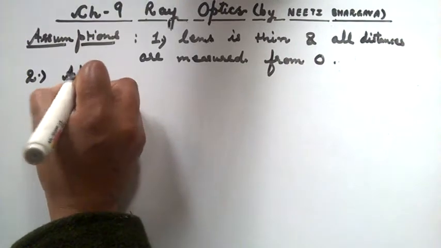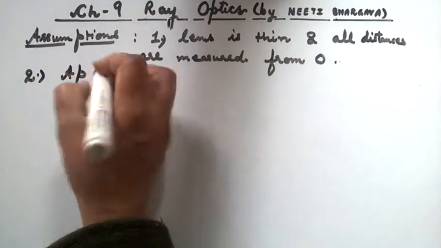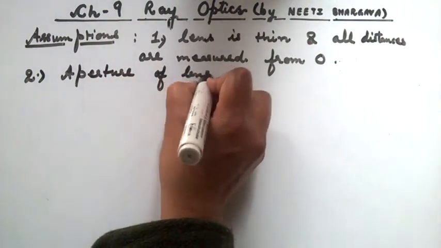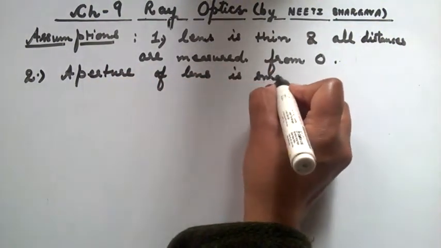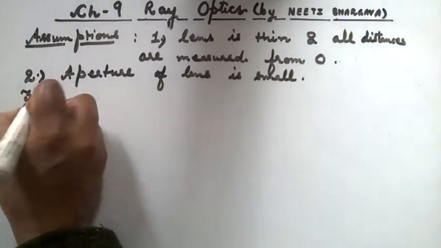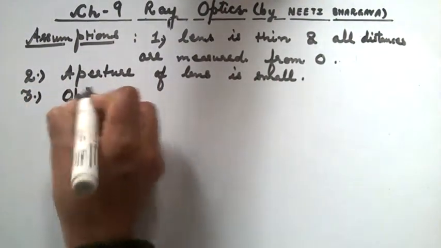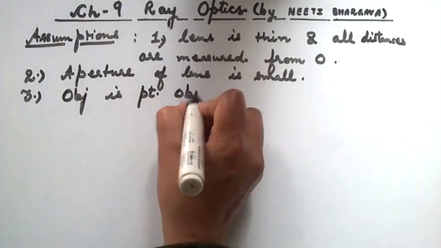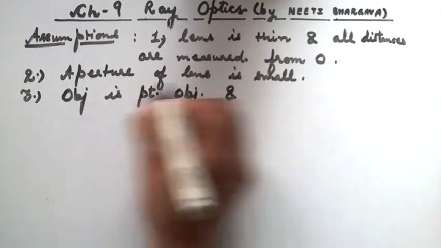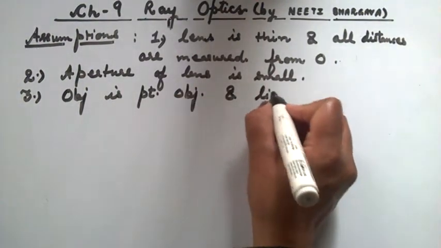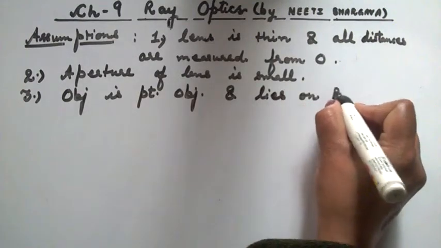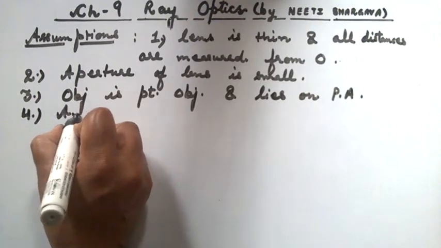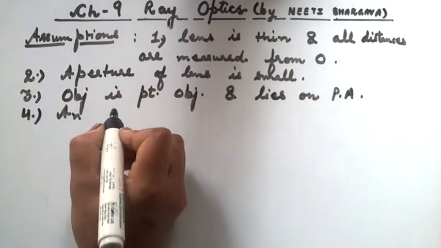Second assumption is that the aperture is small. And the third assumption is that the object is small, that is a point object, and this object lies on the principal axis. Also, we assume that the angles made by the incident ray and refracted ray with the principal axis are small.